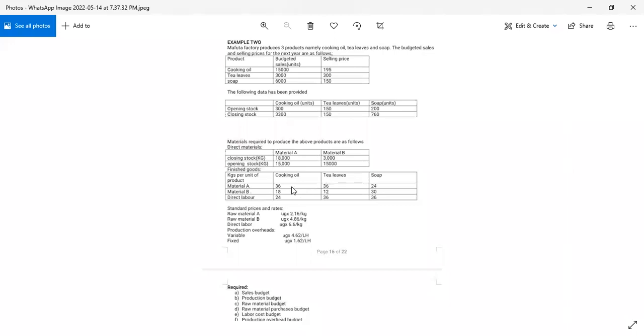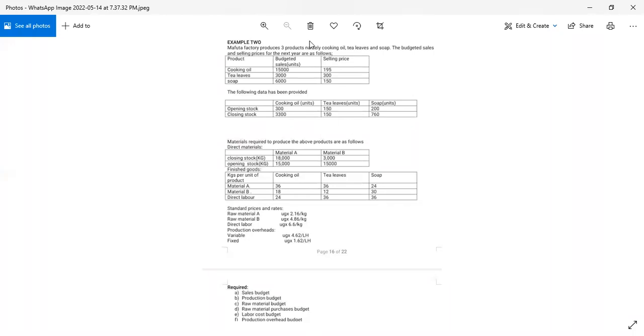Now what we do is we want to know how many units we produce of the product. We're saying we produced 18,000 for cooking oil. Those were the units we produced. And how much are we spending on a single unit? We're spending 36 kgs on a single unit. Therefore, the total will be 36 times the 18,000.